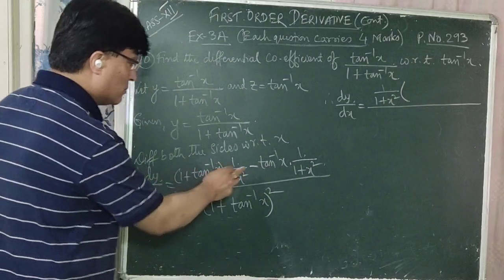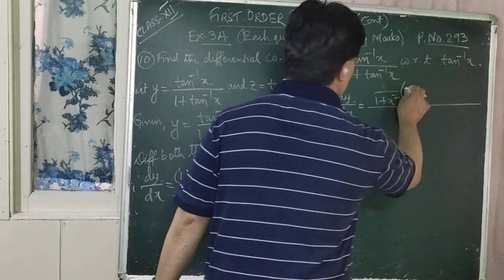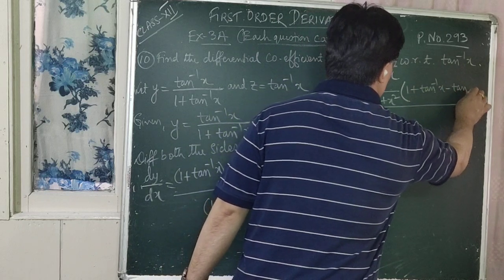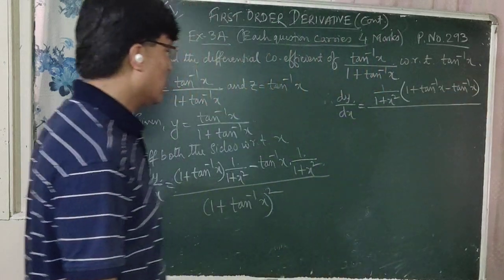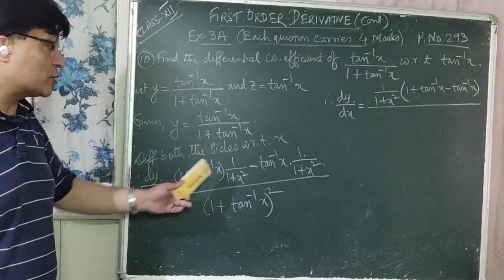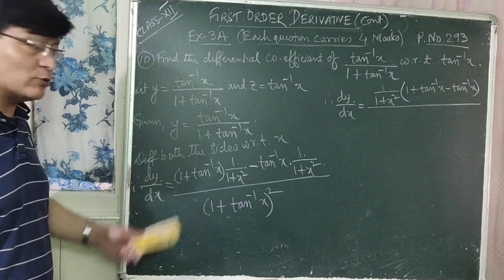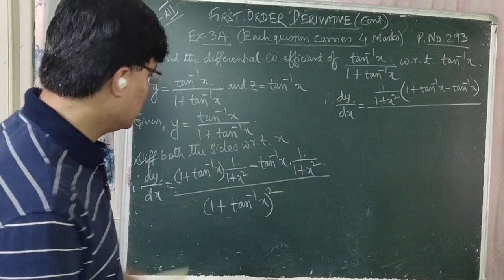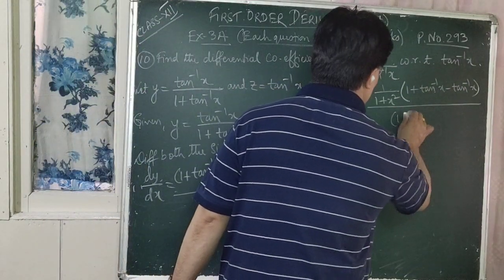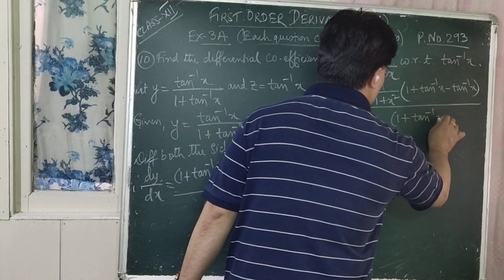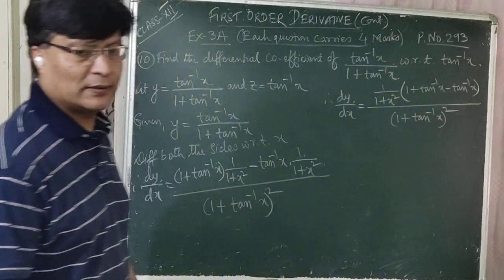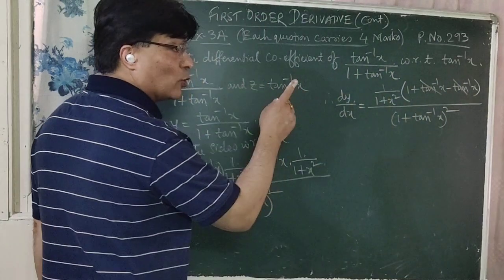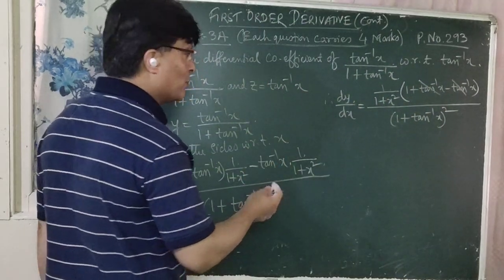It is 1 plus tan inverse x minus tan inverse x, divided by 1 plus tan inverse x whole square. Is that clear? Here you can cancel this tan inverse, so it is only 1. So what is 1 into 1 upon 1 plus x square? It is 1 upon 1 plus x square.